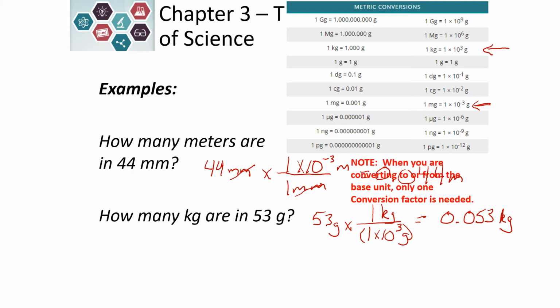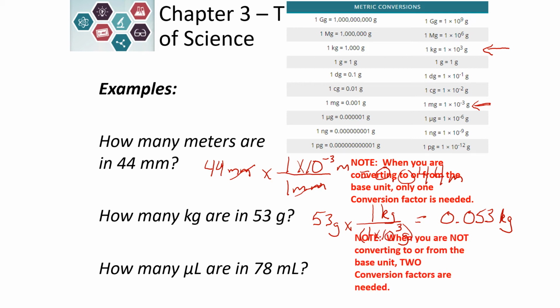So when we're converting from our base unit or converting to our base unit, we only need one conversion factor. If the base unit is not in our problem, we're going to need two conversion factors.